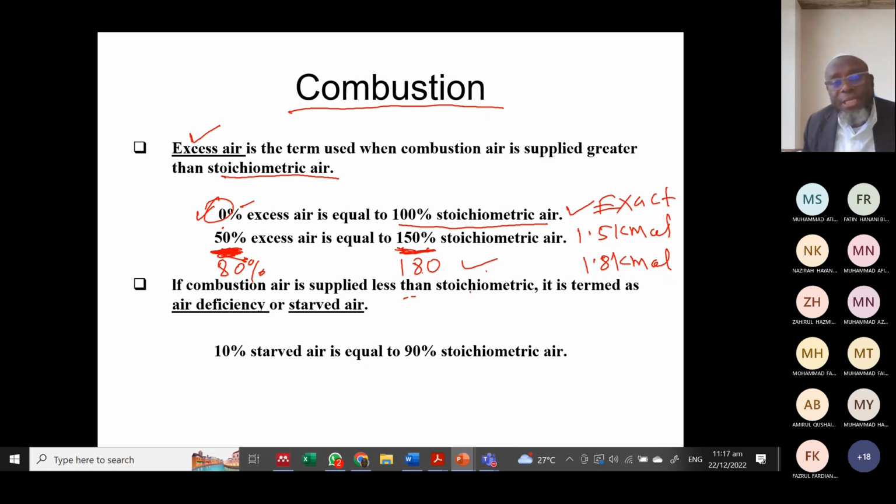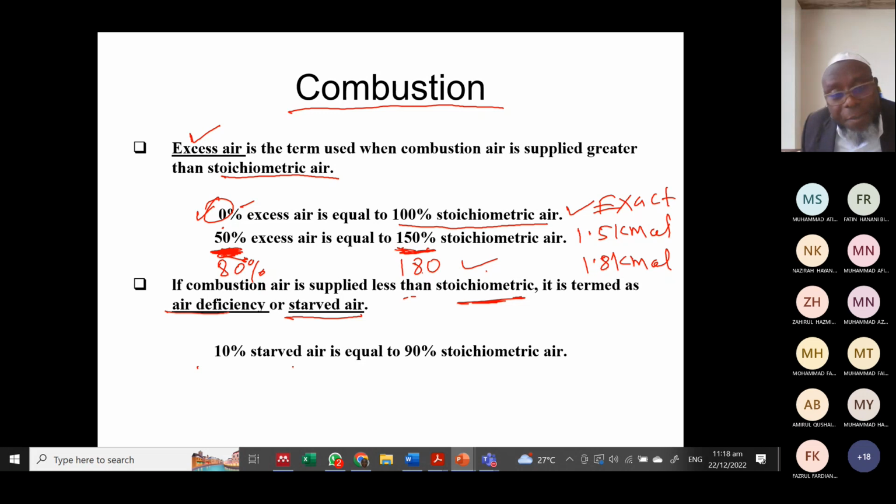So the air is supplied less than the stoichiometric amount. It is termed air deficiency or starved air.